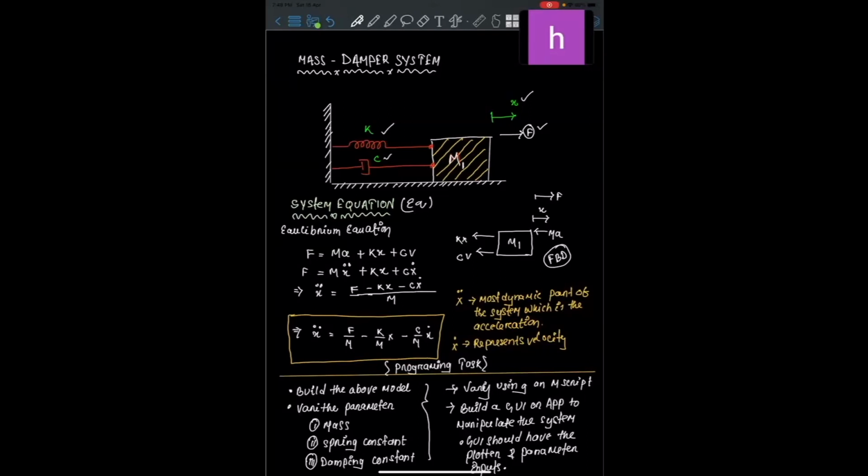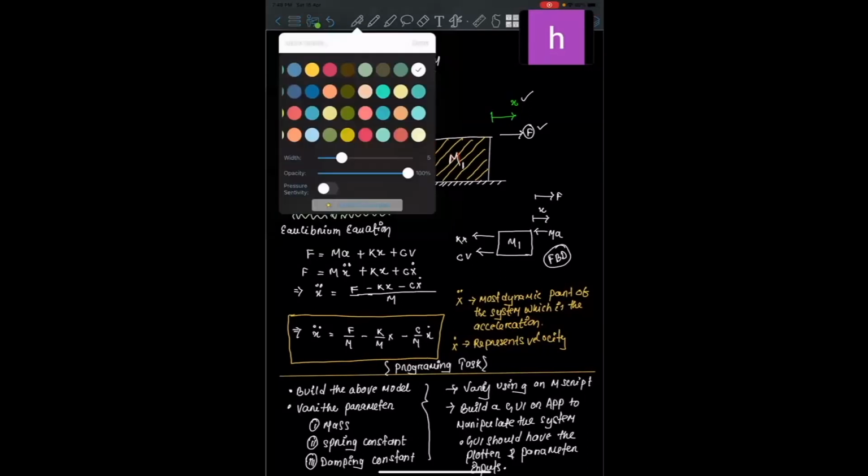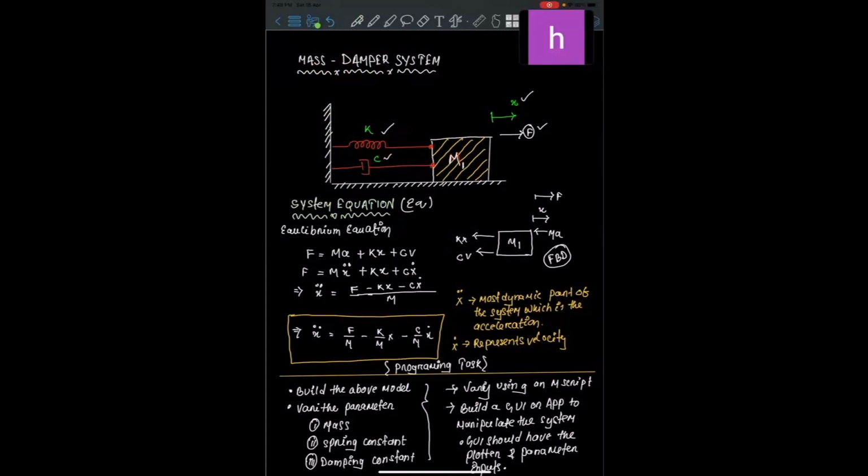This is the FBD, the free body diagram for mass M. Instead of M1, you can consider it M, because I have written the system equation in the same format.